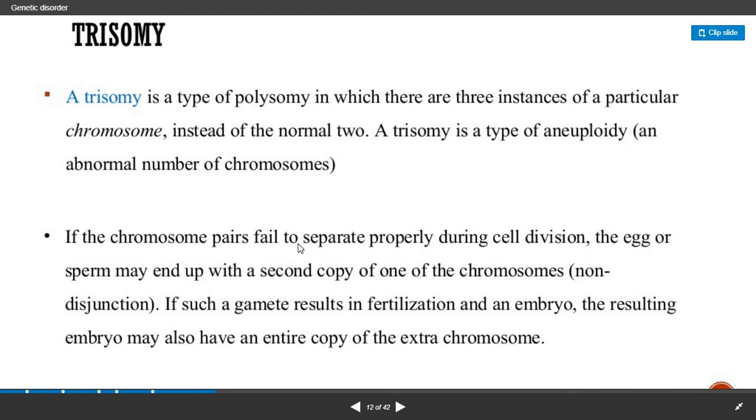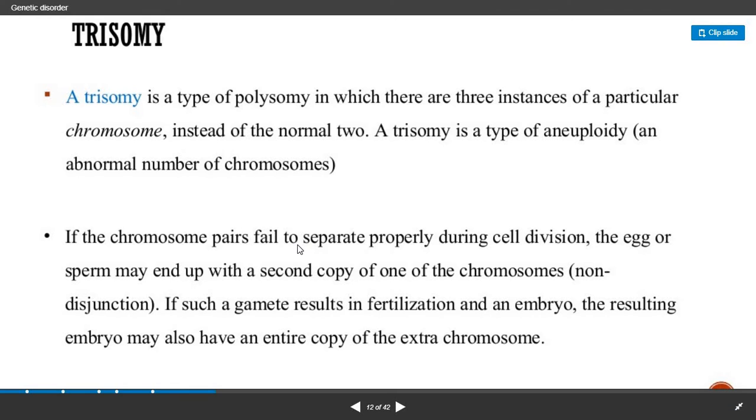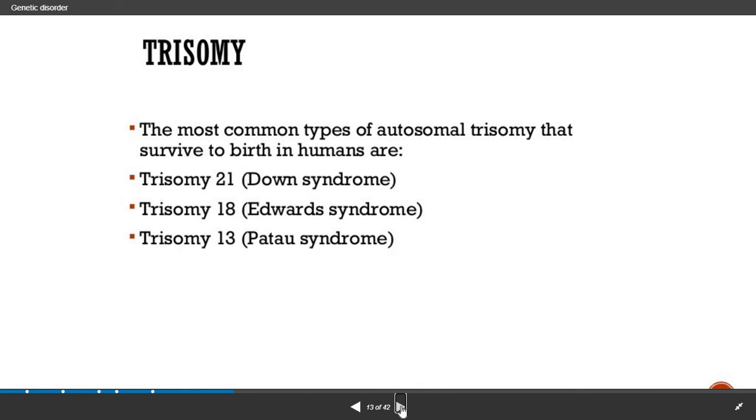If such a gamete results in fertilization and an embryo, the resulting embryo may also have an entire copy of the extra chromosome. So this is how trisomy happens.